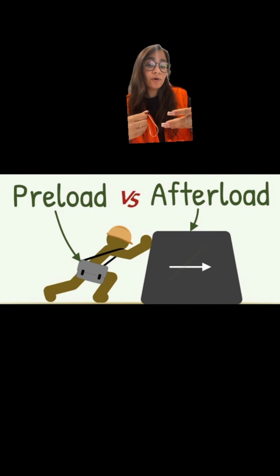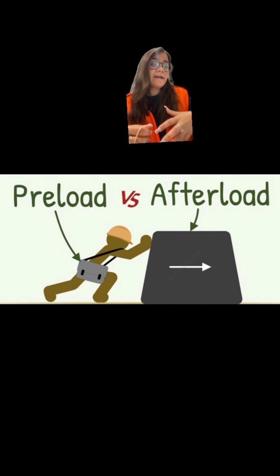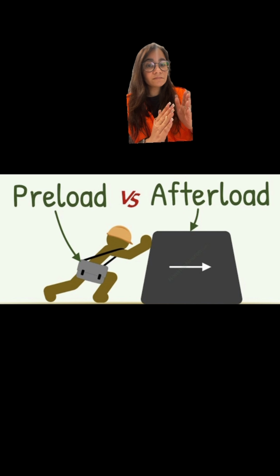So no good preload, no optimal level of blood. And if there is no blood, then the heart will have inadequate stretching and squeezing, right? So similarly, preload is directly correlated with your amount of blood and your cardiac output. If preload is good, your cardiac output is good.